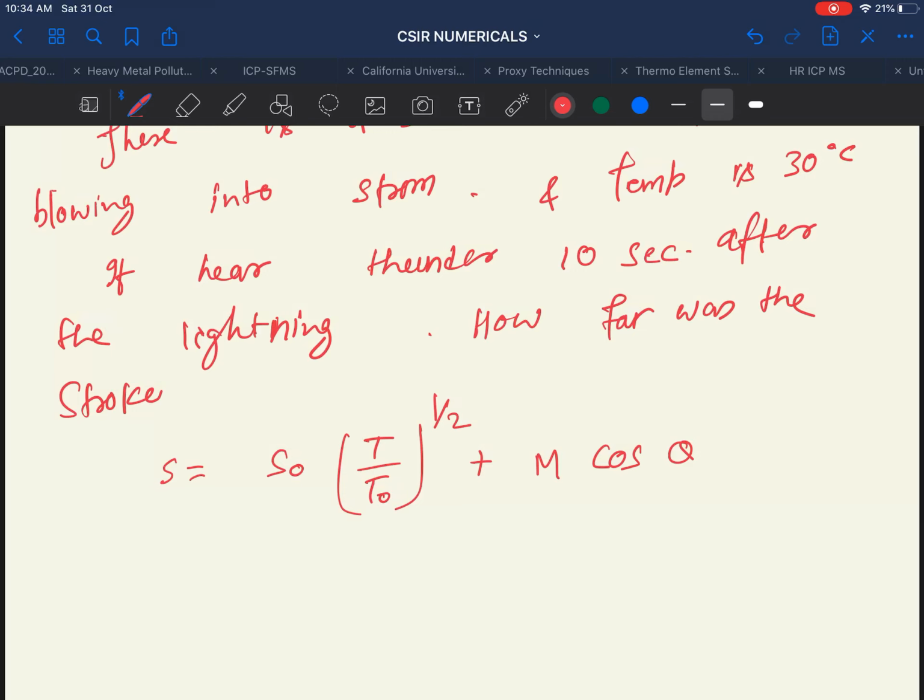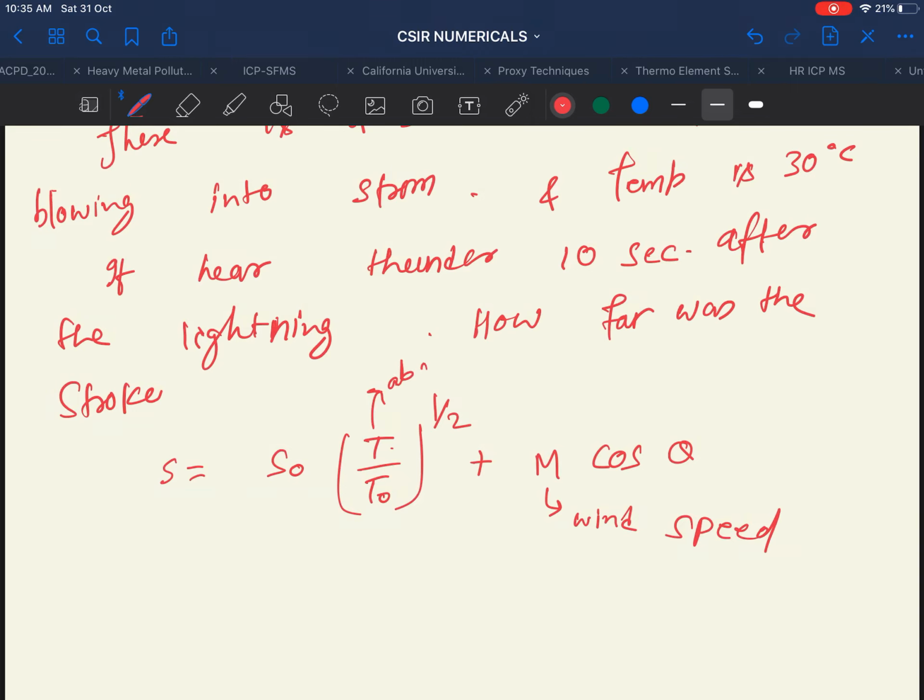We know that the speed of light is 3 into 10 to the power 8 meter per second, while for sound it is 333 meter per second. The sound velocity S relative to the ground depends mostly on the absolute temperature T and the wind speed M. This is wind speed, and it is given in the question.